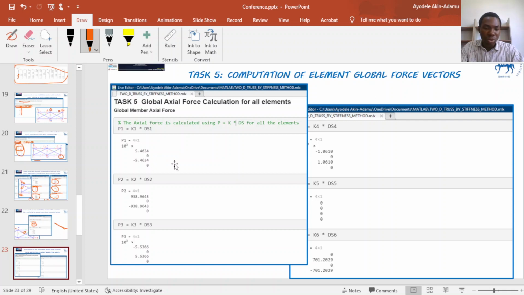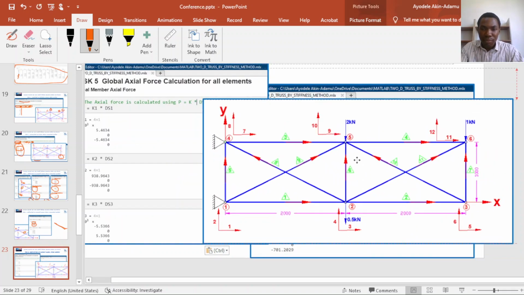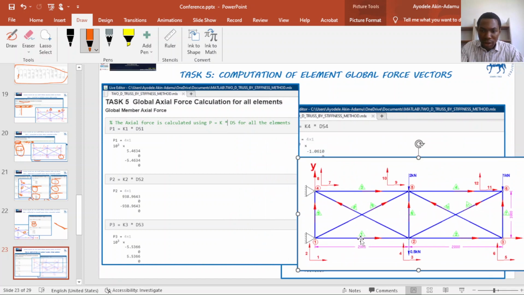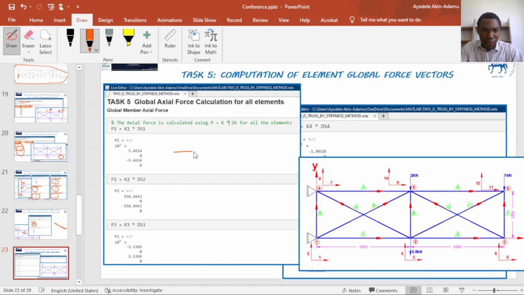at each node. If I bring this image into view, element 1 is in the horizontal direction. Assuming I define element 1 as this line, this is degree of freedom 1, degree of freedom 2, 3, 4. Because element 1 is located between node 1 and node 2, and the degrees of freedom are 1, 2, 3, 4.